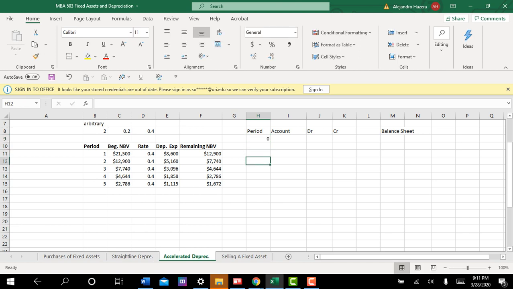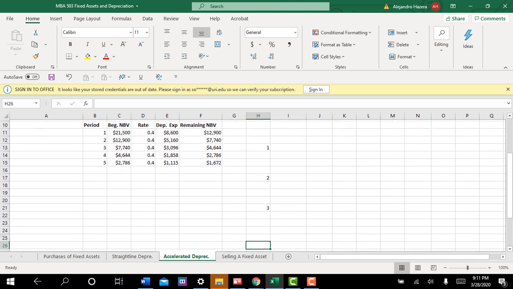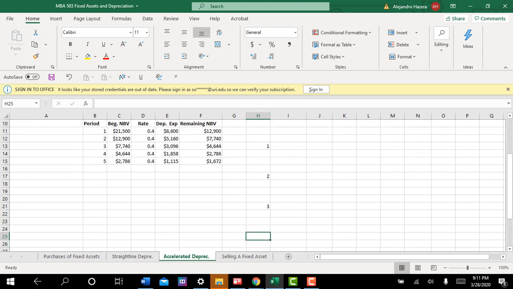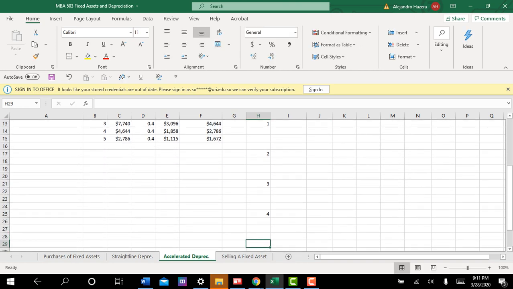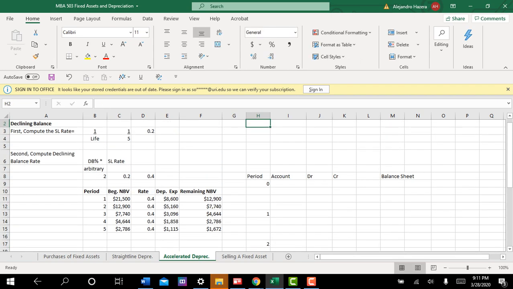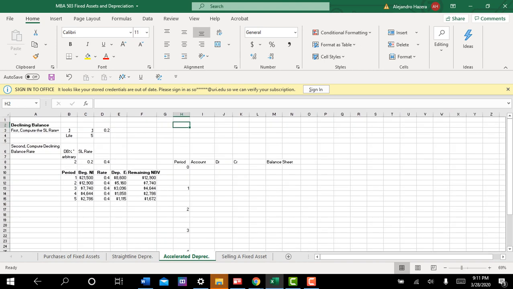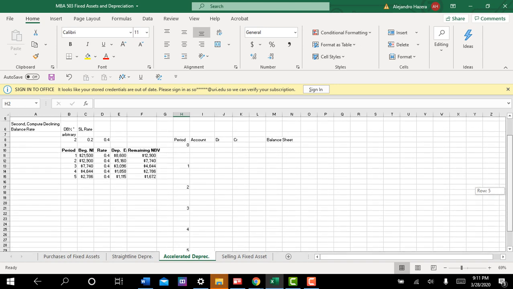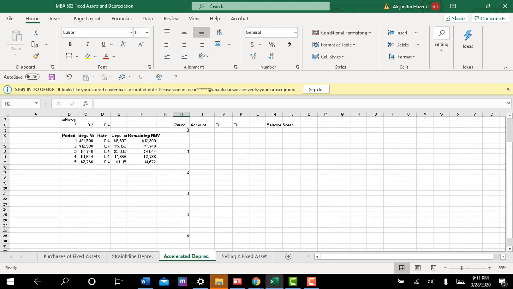Then we'll skip 4 down and do period 1, period 2, period 3, period 4, and period 5. I know I'm going off the sheet here a little bit. I'll shrink it a little bit here, but I don't think it'll make much difference. And once you see the first 3, 1 to 3, you'll see a lot of repetition here.